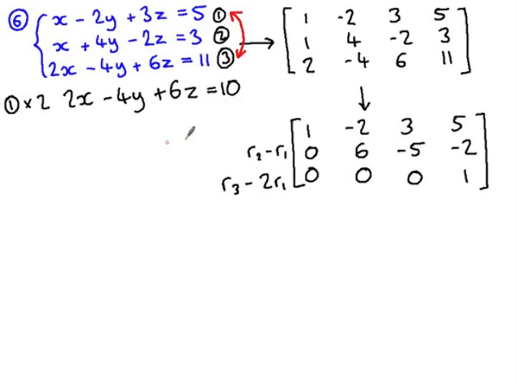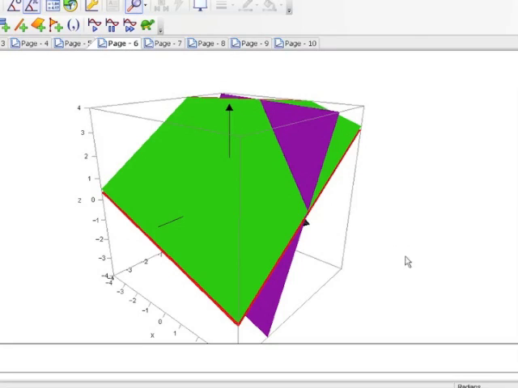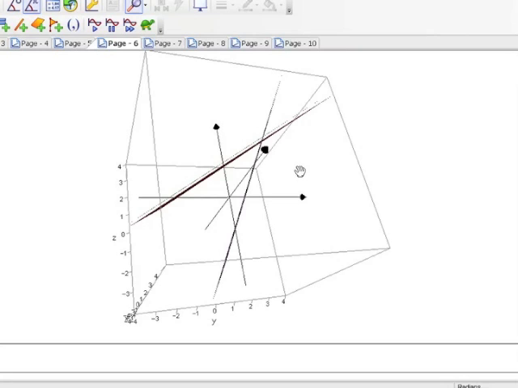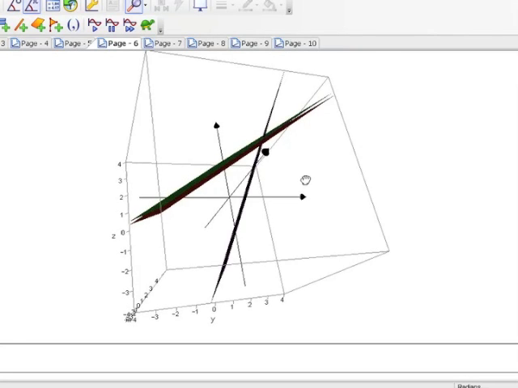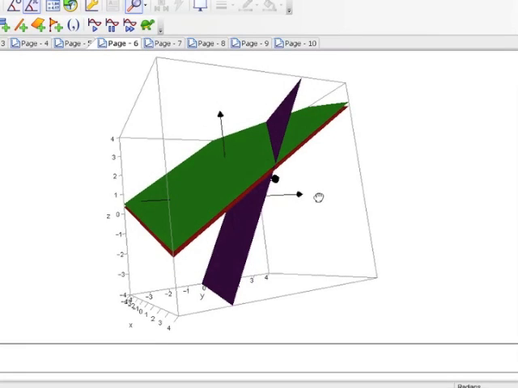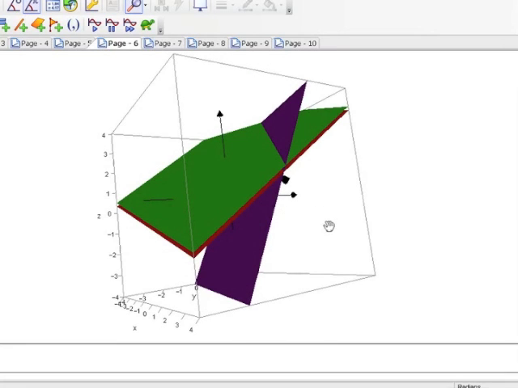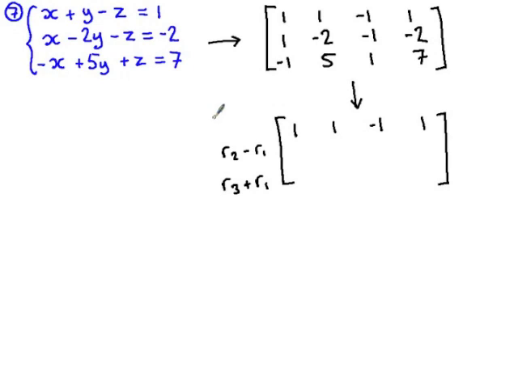So what we'll have graphically is 2 parallel planes and then a third plane which intersects them both. So here you can see those 2 parallel planes, the red plane and the green plane, and intersecting them both is the purple plane.